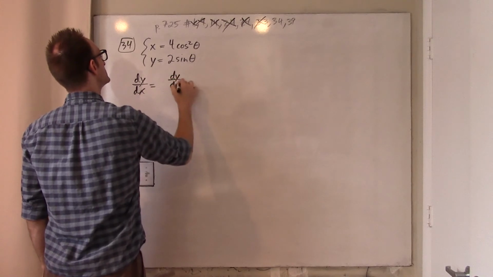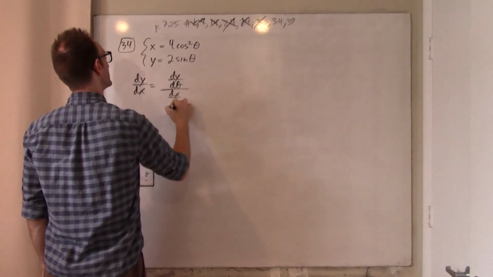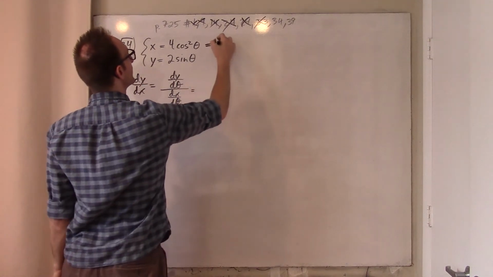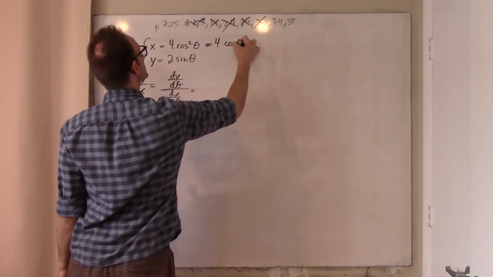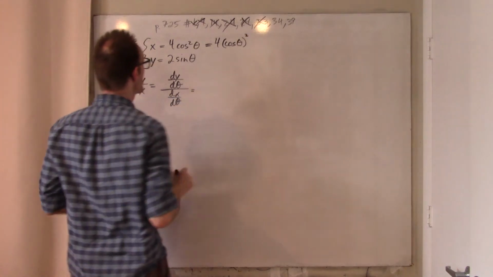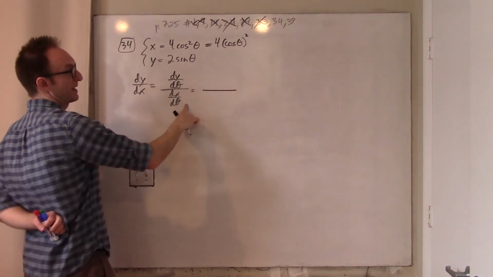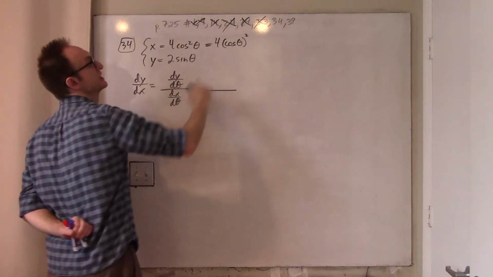It's dy/dθ over dx/dθ. What is dy/dθ? This you might want to write as 4 (cosine θ) squared, just so it's a little bit easier to differentiate using the chain rule.